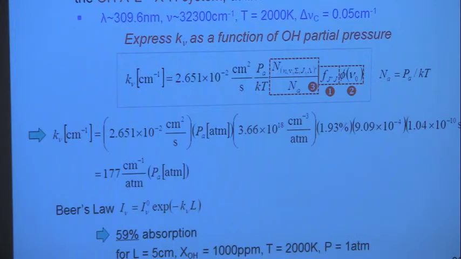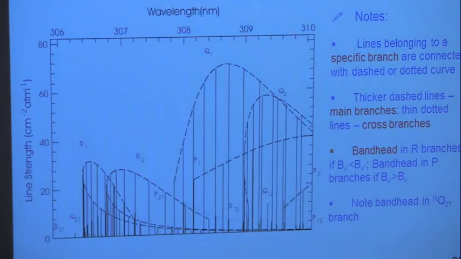But all that we've gone through really boils down to, roughly, take 1/4 of the rigid rotor harmonic oscillator thing and then take the existing band oscillator strength. You're kind of done.